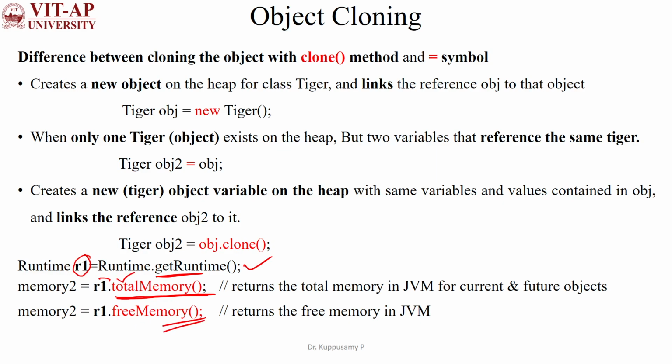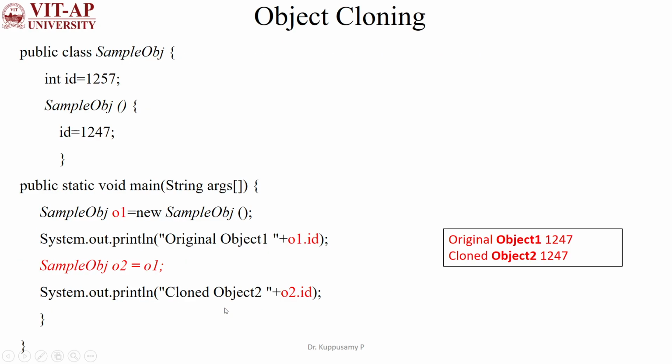Then what is the free memory after consuming some memory locations for obj1? When you are creating the object variable, some memory locations will be allotted to these variables. After allotting, what free memory is available in the heap will be given by the freeMemory method. Based upon that, we will see the example.